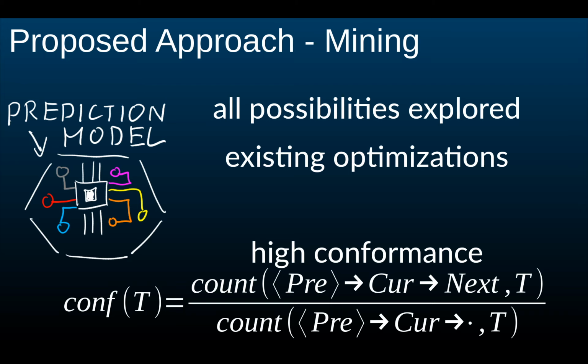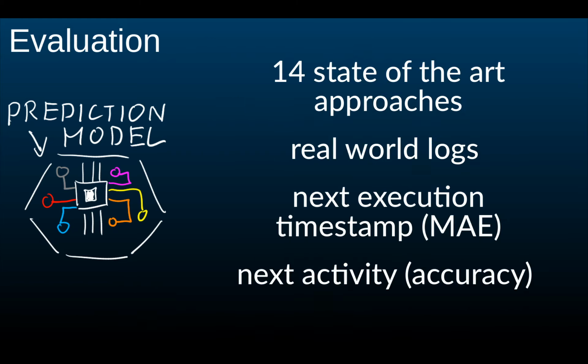Commonly, we choose rather high conformance requirements, such as 80% or more, to ensure that some extracted global behavior pattern that we found and represented in our prediction model is really an indication for some future behavior that we can rely on to perform our predictions.